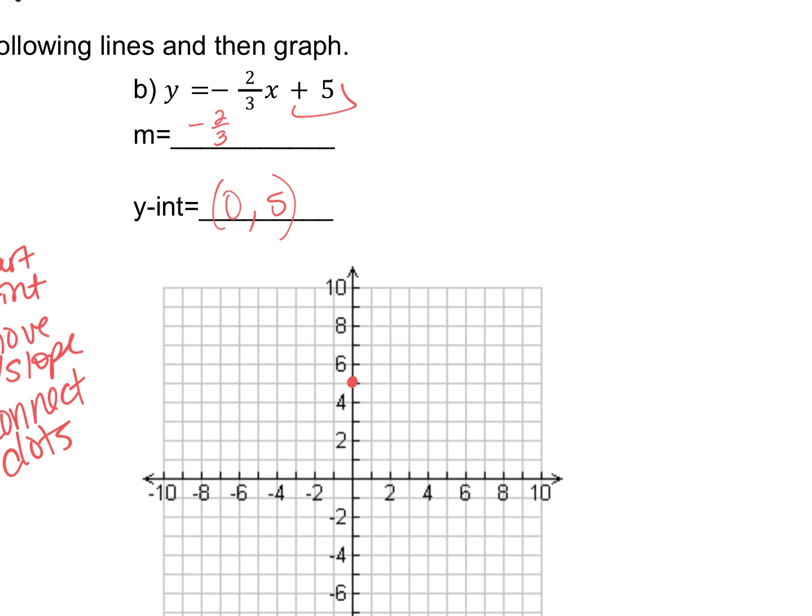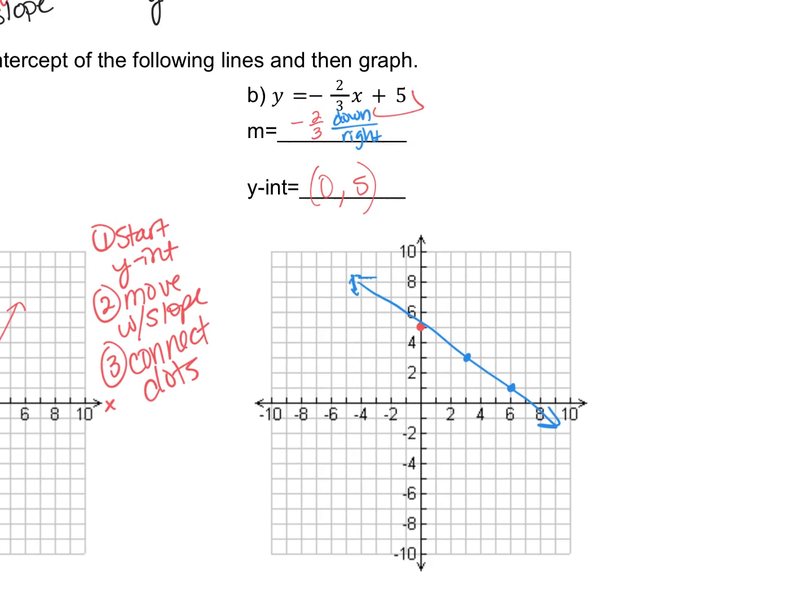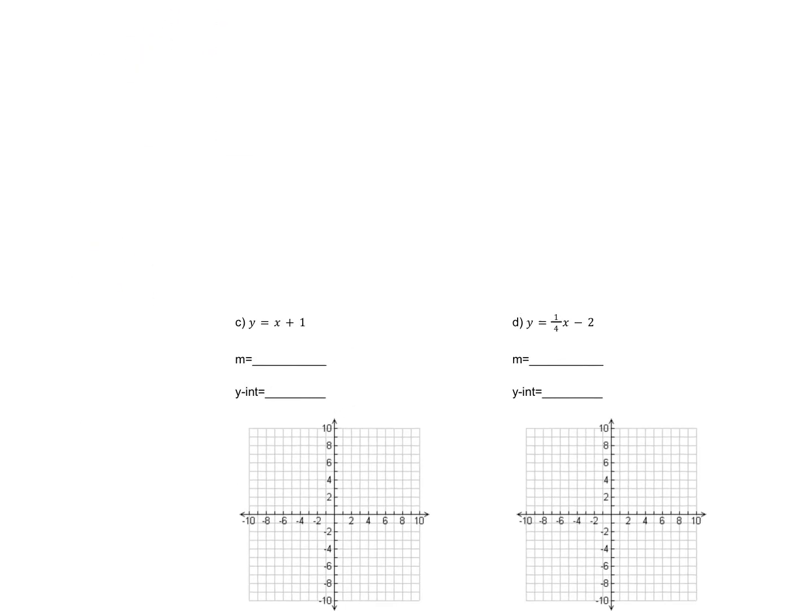Since this slope is negative, we're going to start by going down 2, right 3. Let's do it again: down 2, right 3. I feel like 3 points is plenty, so we will draw our line and our arrows. And there she is.